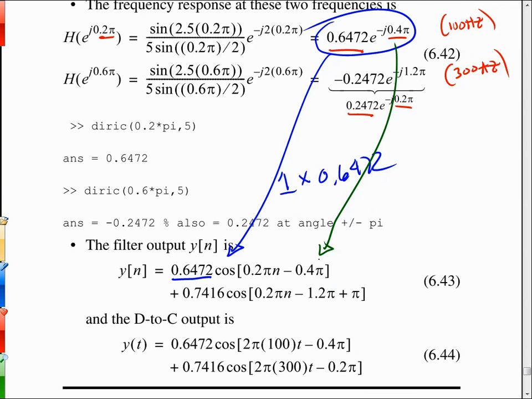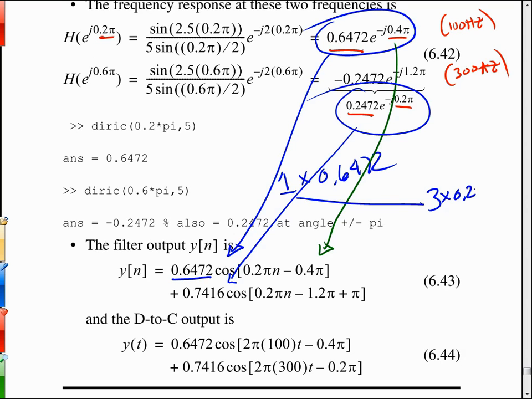And then for the second sinusoid, it gets this magnitude and phase applied. So we have to put in the amplitude of that cosine wave, which was 3 times the 0.2472. So that's how we get the 0.7416. And then that minus j 0.2 pi gets dropped inside of there.